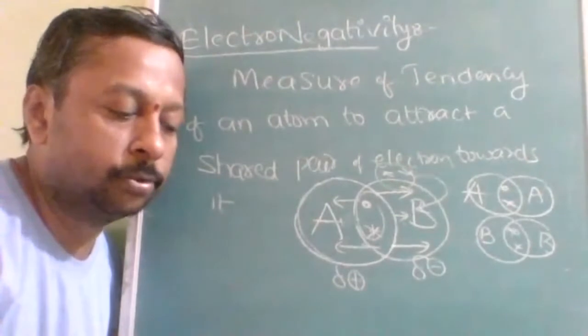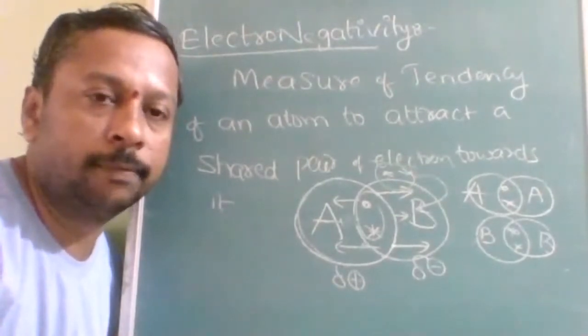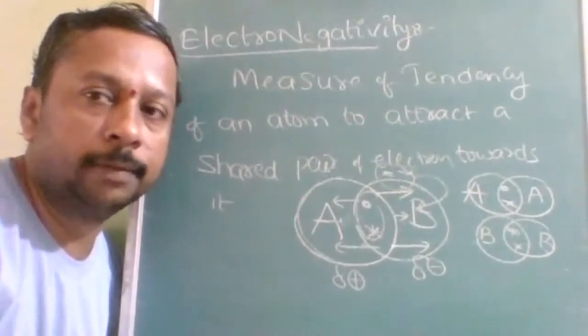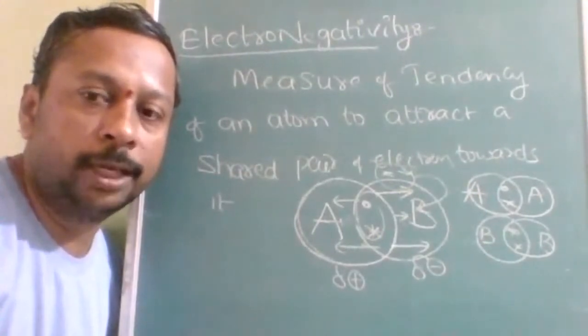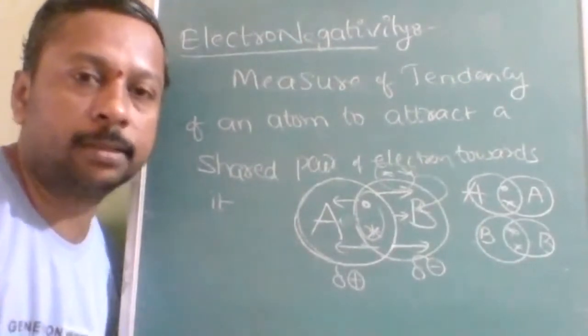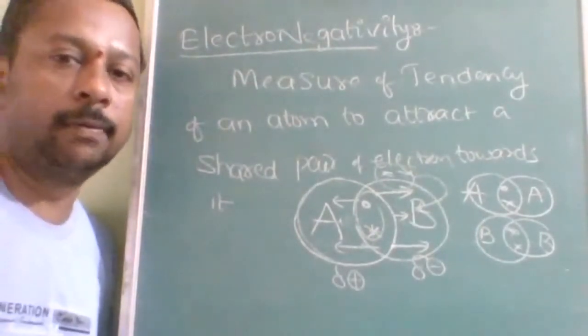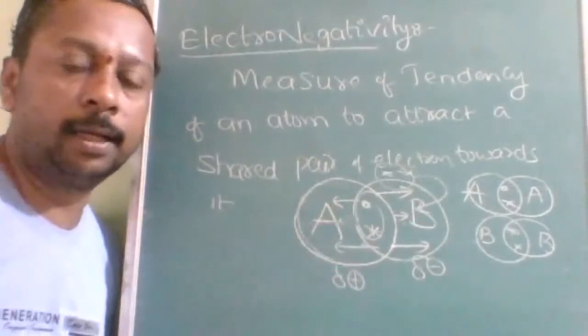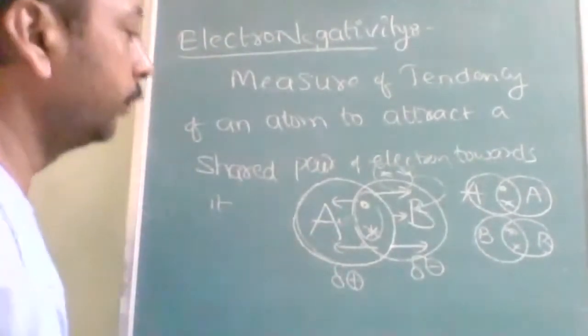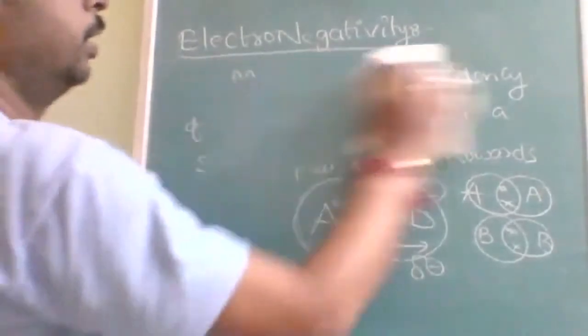Actually, there is no absolute scale at all, which you can exactly calculate and submit the final value. So for the same element, you will find different values in different scales. So first, electronegativity definition with proper diagram, is it understood? Now, because of the difference, let us measure electronegativity on three different scales.